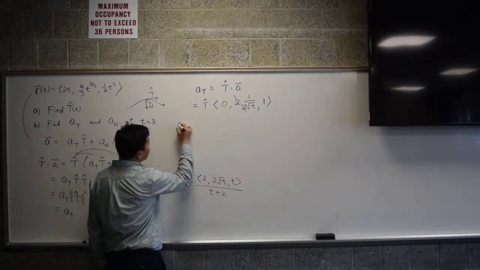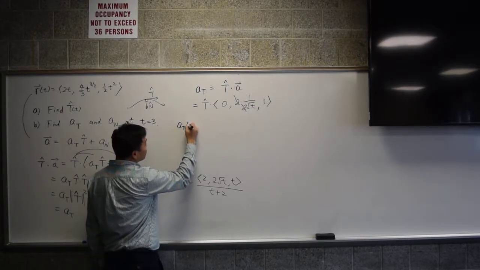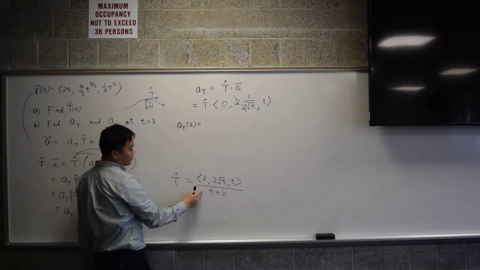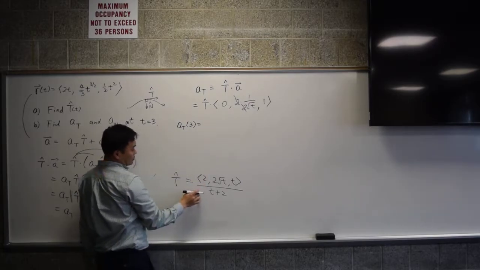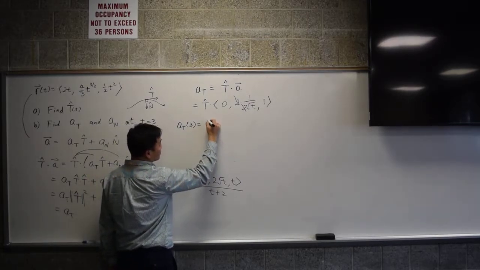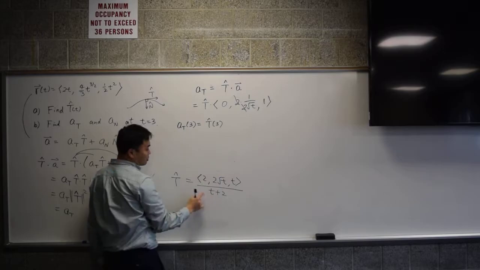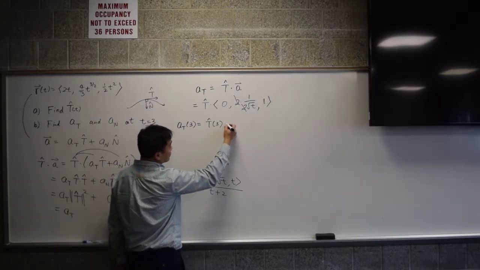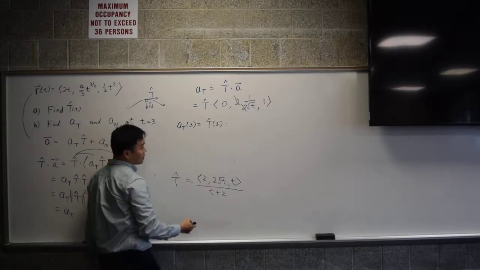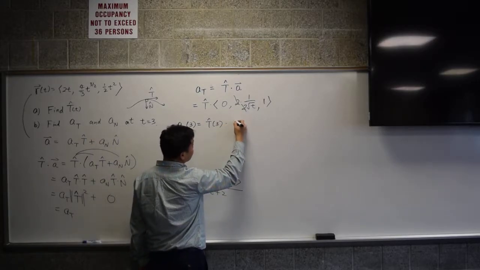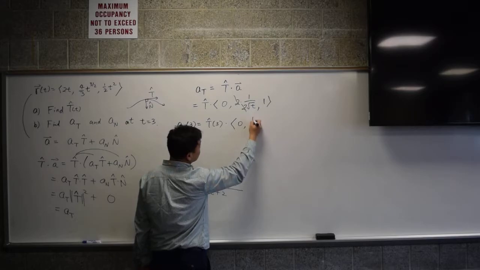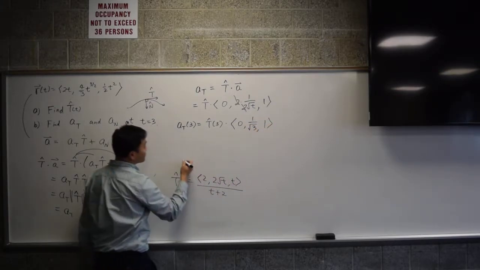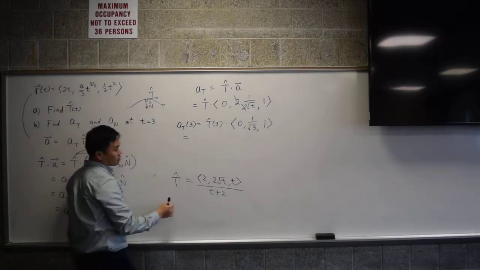Now, therefore, A_T, the tangential component when t is equal to 3, is first, I need 3 plugged in here. No, 3 plugged in here. And then dotted with 3 plugged in here. 0, 1 over square root of 3, comma 1.